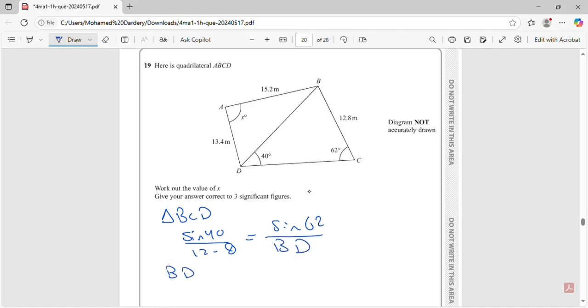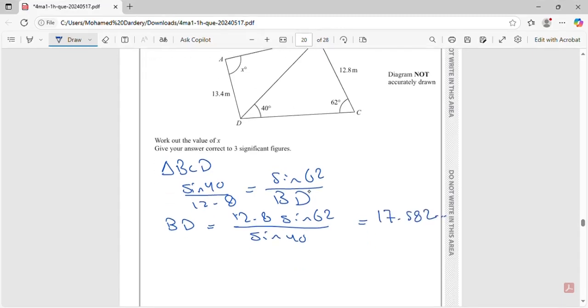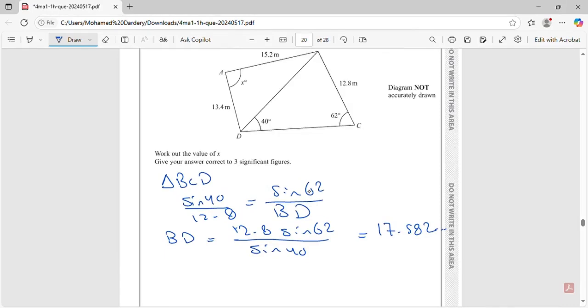Now to find the value of BD, it will be 12.8 by using, of course, cross multiplication, sine 62 over sine 40, which by using the calculator would be like 17.582. After I figure out that this number is 17.58, I can use this value to find x by using the cosine rule.